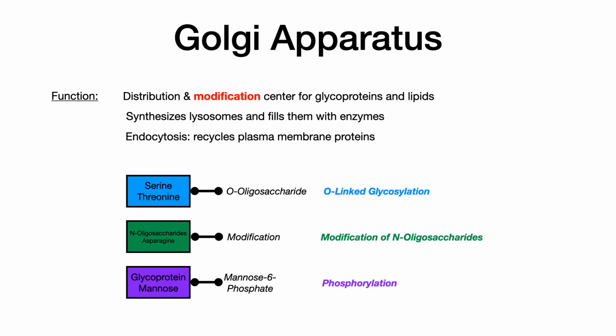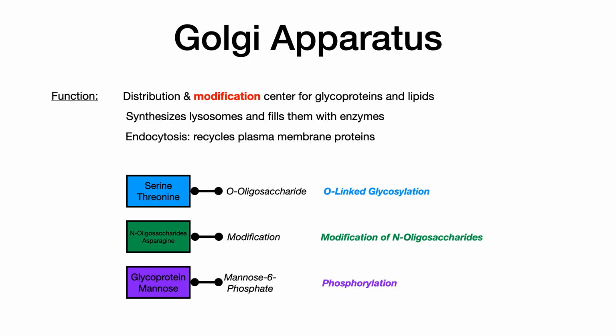So before I go any further, let's pause for a second and just recap here. On your exam, you could be asked a question about modification of glycoproteins and lipids done by the Golgi. And so what you want to take away from this slide is that the Golgi can do three main things. One, it can glycosylate threonine residues or serine residues, and that's called O-linked glycosylation.